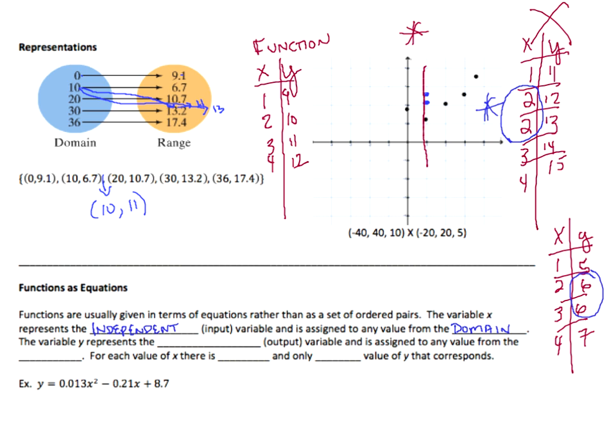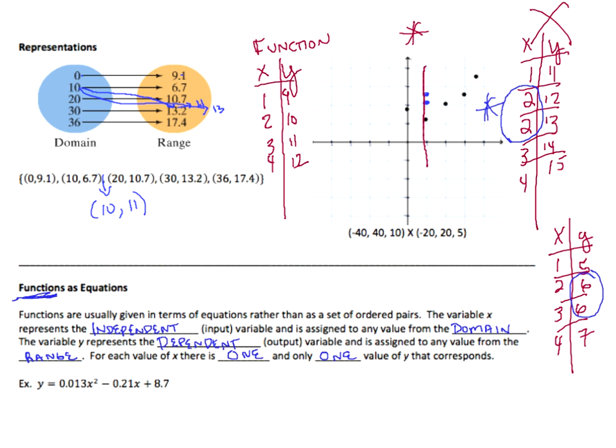The variable y represents the dependent output variable and is assigned to any value from the range. For each value of x, there is one, it's important, and only one value of y that corresponds. And this is for this thing to be a function. One and only one corresponding output value.